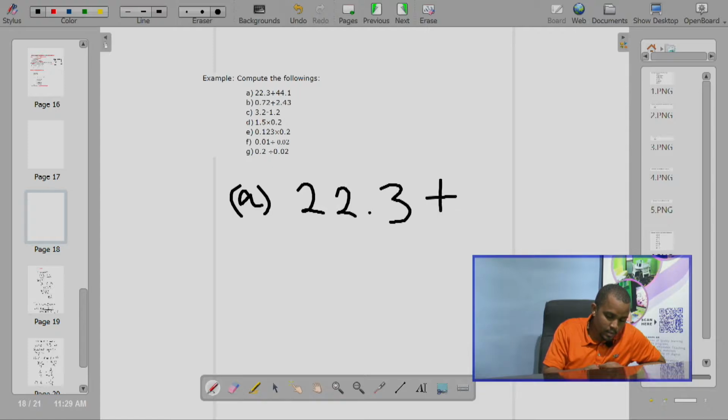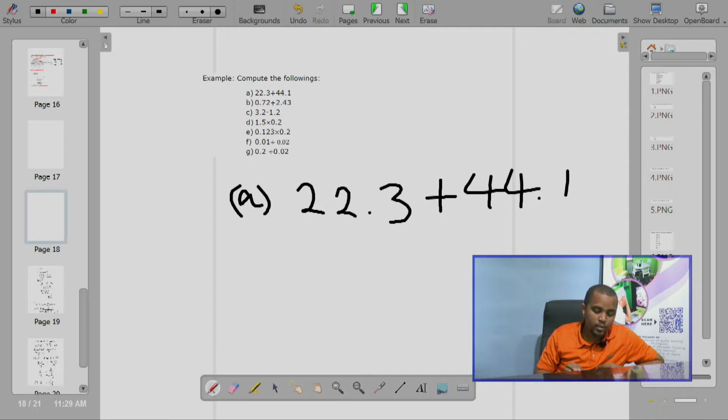22.3 by 44.1. On adding these two decimals, we will use the vertical method, the same method that we use on adding numbers.